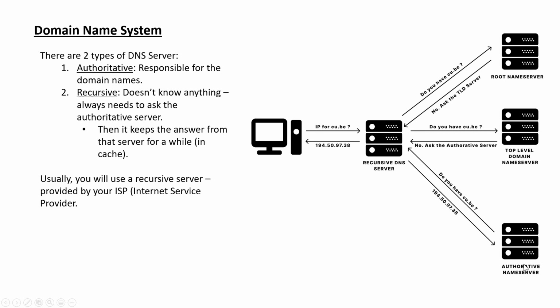Instead of overloading the authoritative server, it can go to the root name server. If the root name server has it, it can feed it back. If not, the top level domain server. So it filters out the traffic to the authoritative server so that it doesn't overload it. Obviously, there'll be more than one server, I'm assuming.